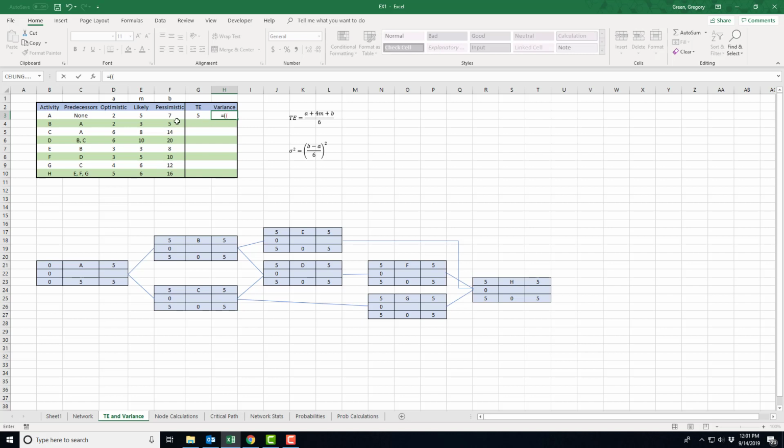Okay? So I've got B minus A. That operation occurs first. Then I divide by 6, and then I square it. So I'm working from the inside out. And that should give me the variance for that first node.